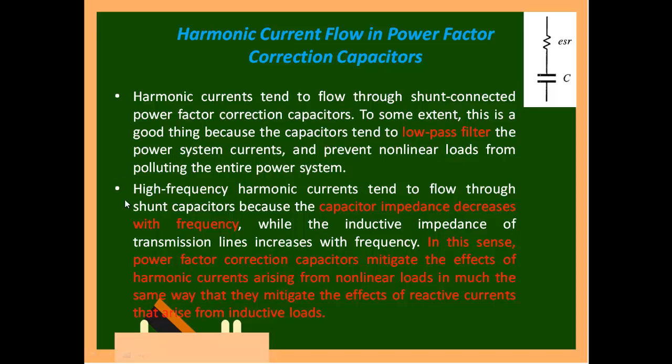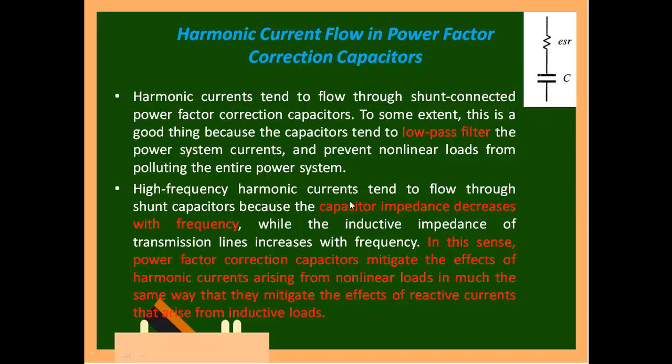But see, high frequency harmonic current tends to flow through the shunt capacitor, because of the shunt impedance behavior of the capacitance: when frequency increases, the impedance offered by the capacitance will decrease. So obviously more current will try to flow across the capacitor.